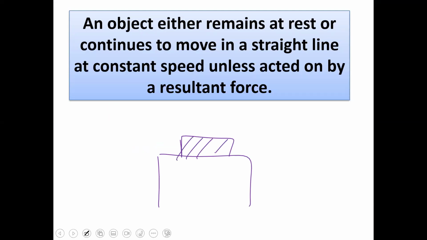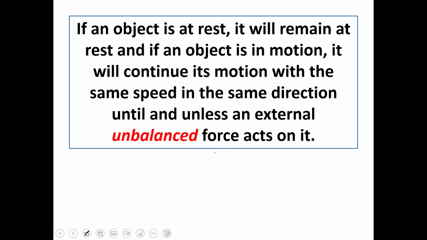An object in motion will remain in motion. For example, our Earth is orbiting the sun, and due to inertia it keeps on moving. So Newton suggested that if something is at rest, it will not move itself. If something is in motion, it will not stop itself until you apply a resultant force.